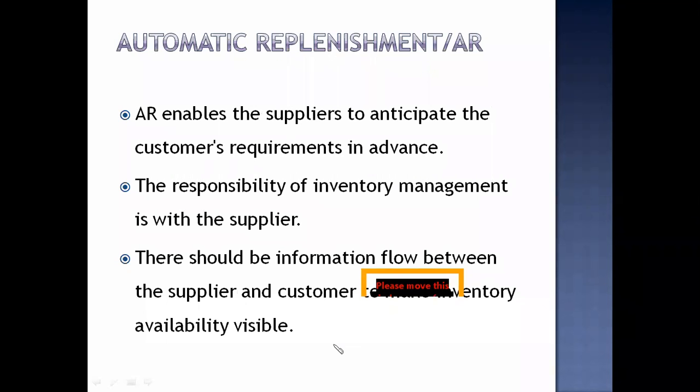Then another one over here, it is the fifth one, automatic replenishment or AR. Here, AR enables the suppliers to anticipate the customer's requirement in advance. The responsibility of inventory management is with the supplier.